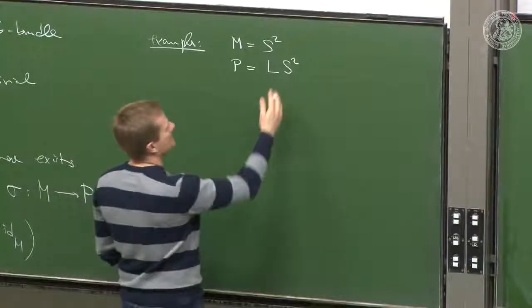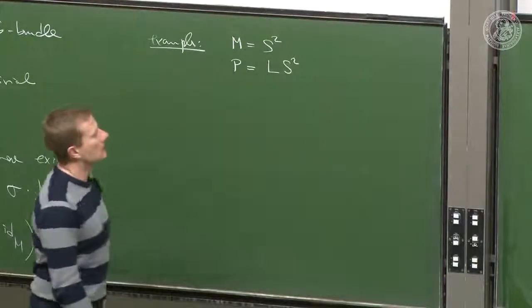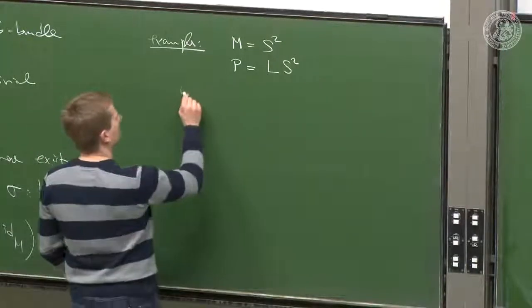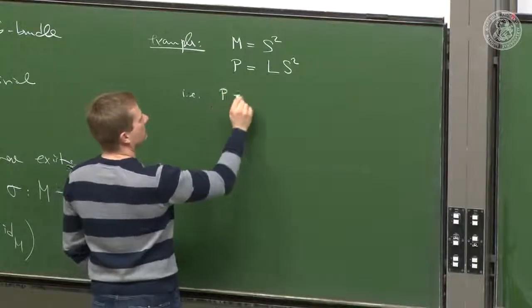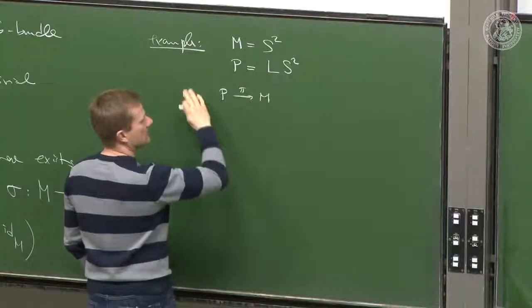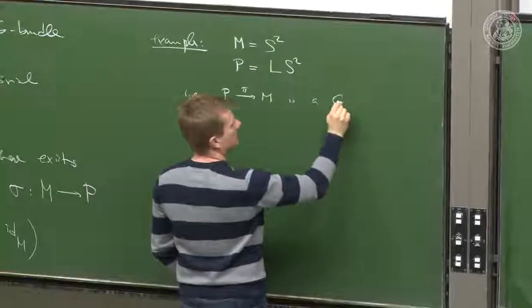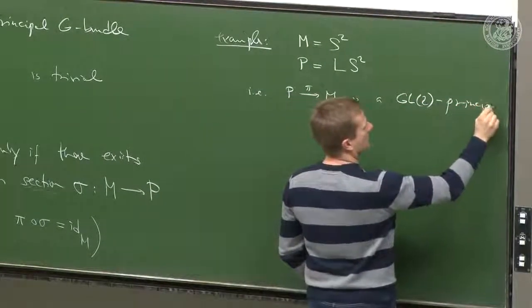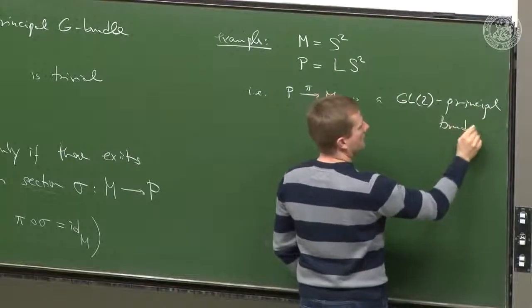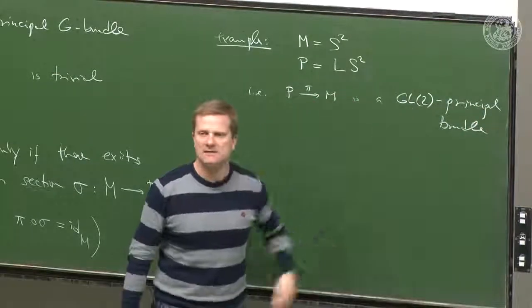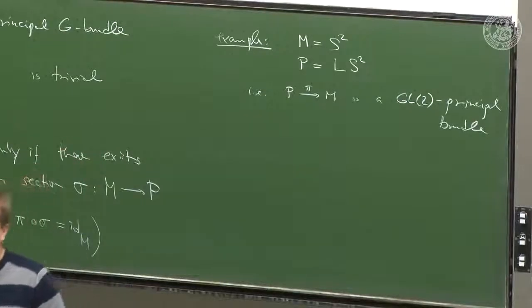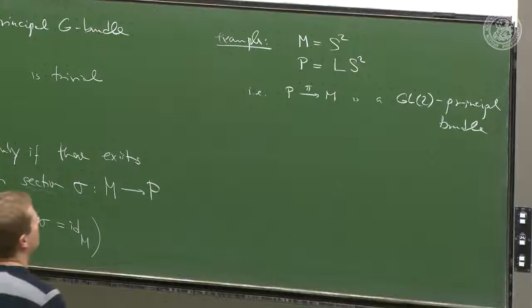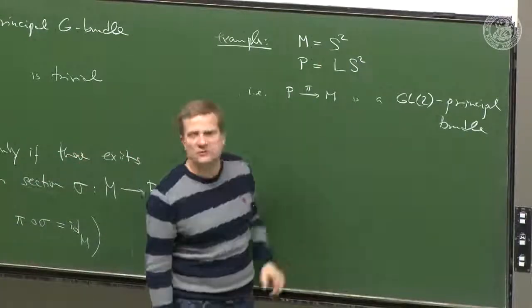Because the frame bundle is a principal bundle, a GL2 principal bundle, that is P down to M, because every frame bundle is a GL dim M principal bundle, as we saw before today. And now we look at the particular case of a two-sphere.